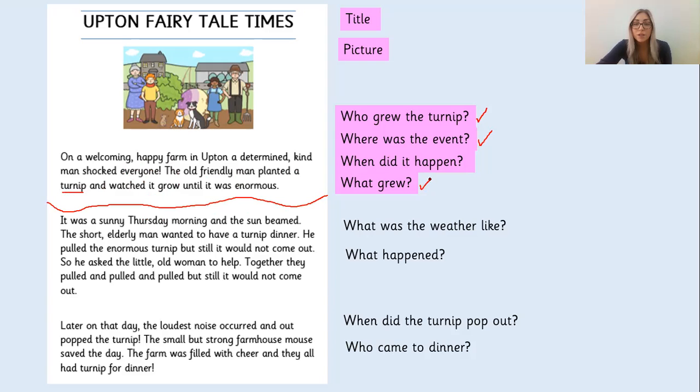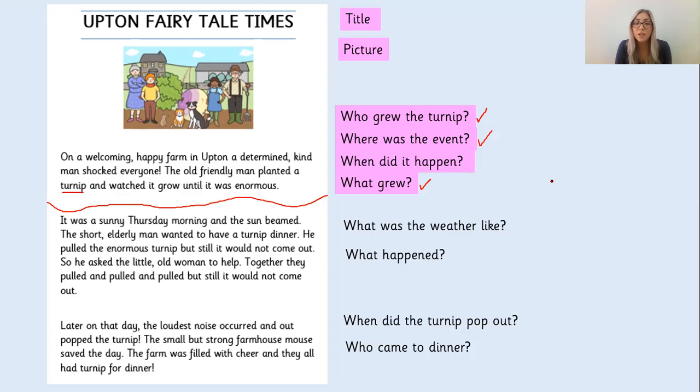Okay, so your task today then is to have a go at writing this newspaper report. Okay, I'm just going to read it all the way through now. So, on a welcoming, happy farm in Upton, a determined, kind man shocked everyone. The old, friendly man planted a turnip and watched it grow until it was enormous. It was a sunny Thursday morning and the sun beamed. The short, elderly man wanted to have a turnip dinner.